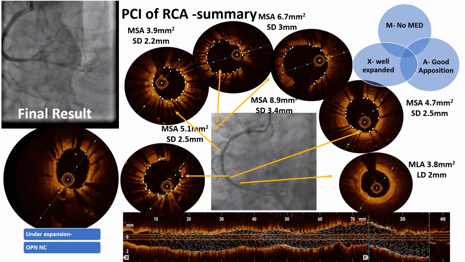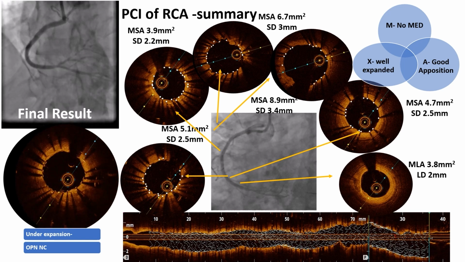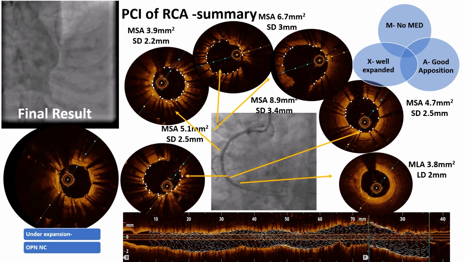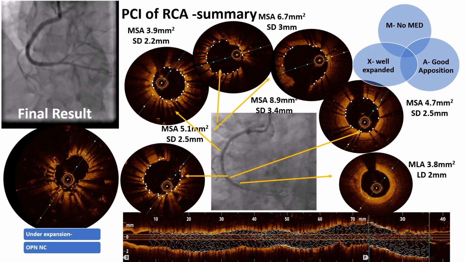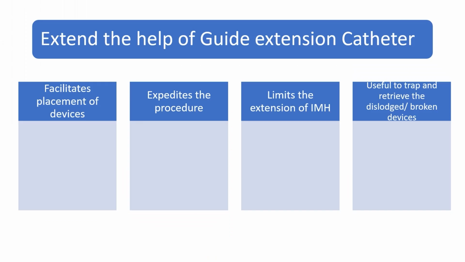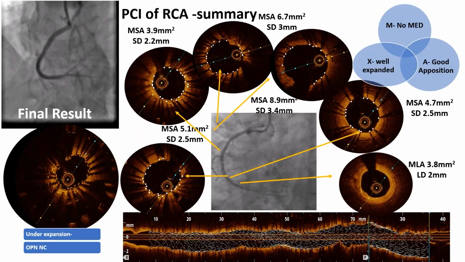So what we expected mostly is in-stent restenosis, and at the same time the LAD appears to be not that significant. When the LAD is not that significant, the patency of the graft is doubtful. So one option is you can do a functional assessment of the LAD, LCX, and if the LAD is significant, then CABG is the ideal option.